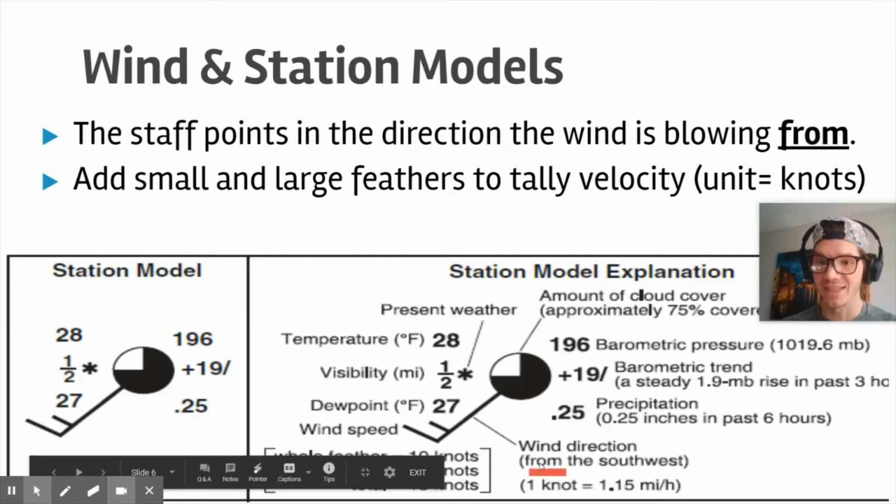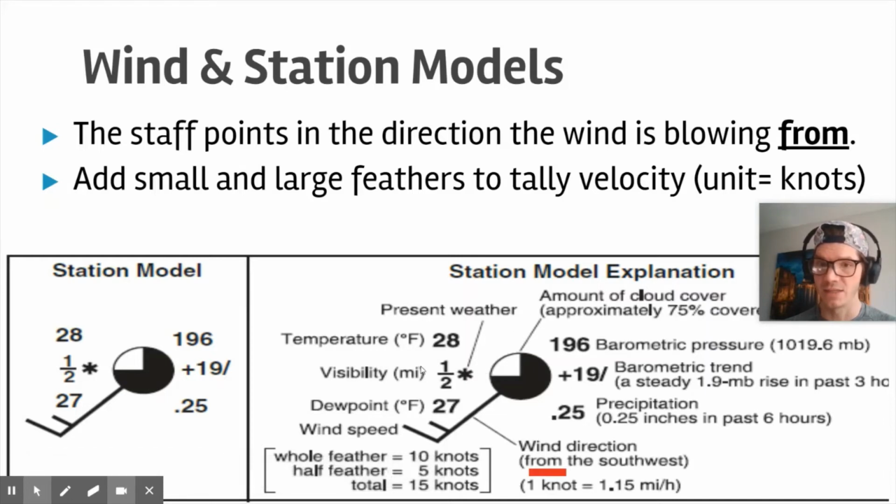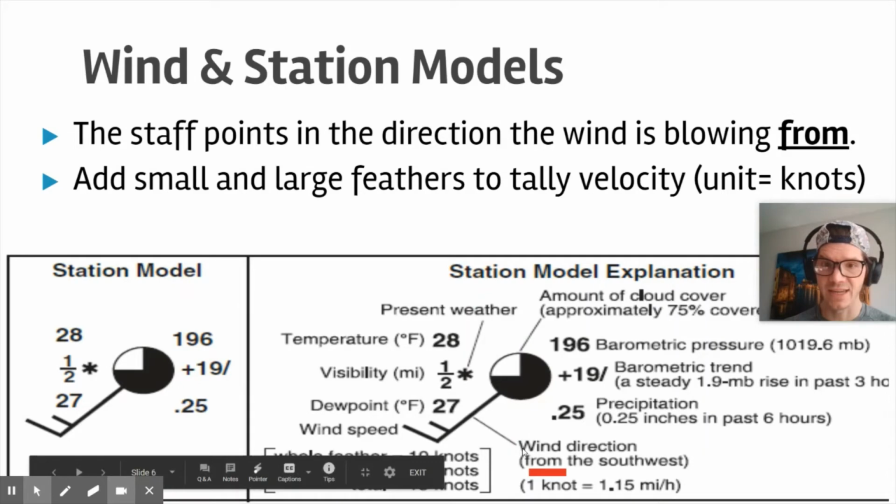If you look at this explanation, remember it's in the parentheses, it's saying it's from the southwest, because this is north, south, east, west. If this is in between south and west, we would say that the wind is blowing from the southwest. So that's the direction that the staff is coming off.